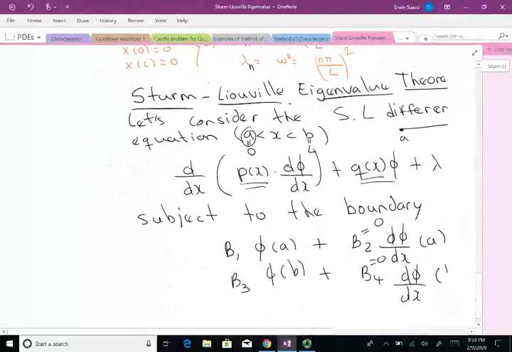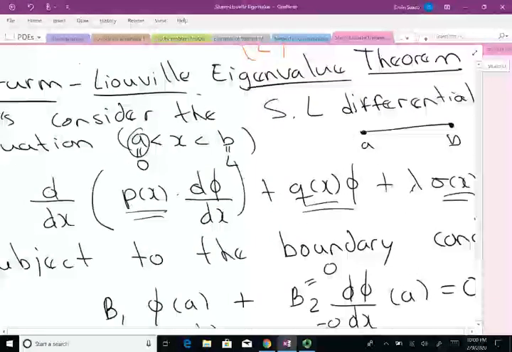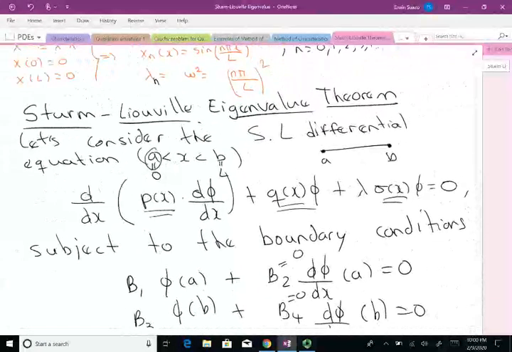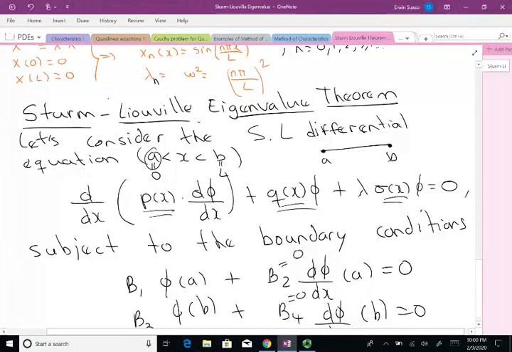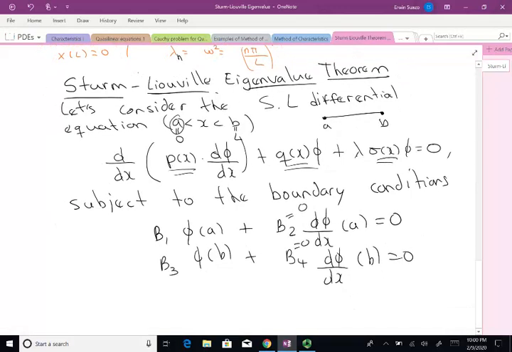So again, I'm writing this so big so I don't have to do so much editing later. I'll try to decrease it. So that's my Sturm Liouville problem.